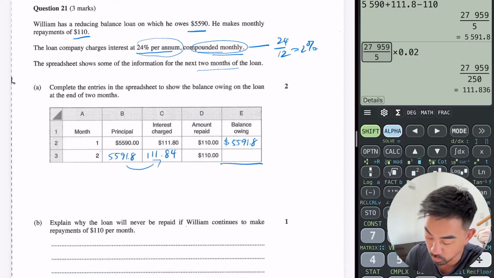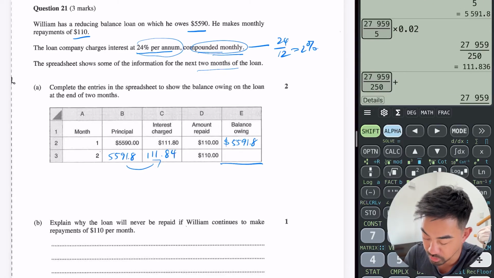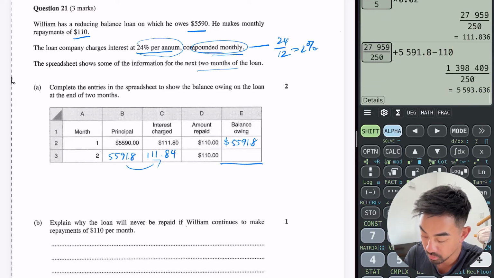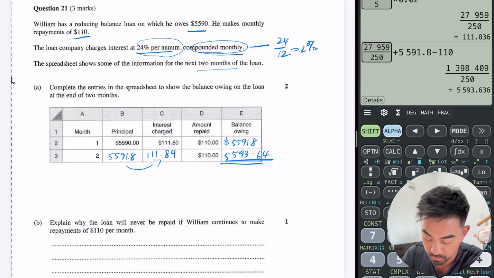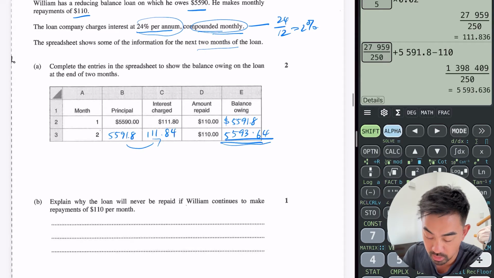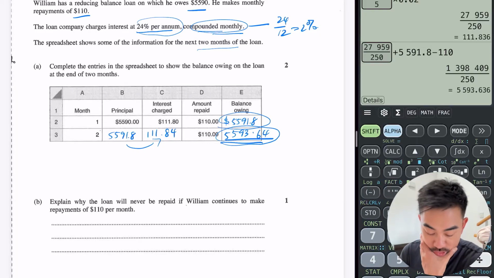So the balance owing will be plus the principal, 5591.8, minus the repayment. So that's 5593.64. So it looks like he is not paying it down. Okay, interesting.